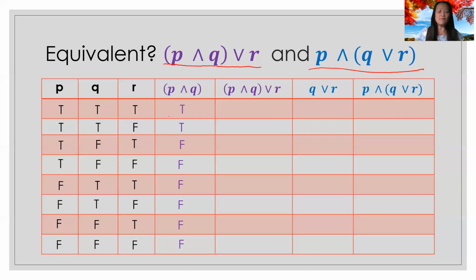And then the next thing we're going to look at is the 4th column that we just did together with R. So we're looking at this one and this one. And the connective is OR. Okay, so OR means an inclusive OR. So you have true, true, true, true, false or false is false, true, false, true, and then false. And that is it for the first statement.